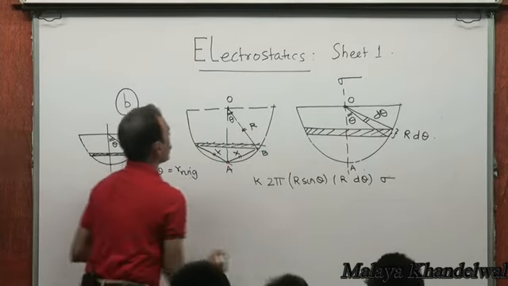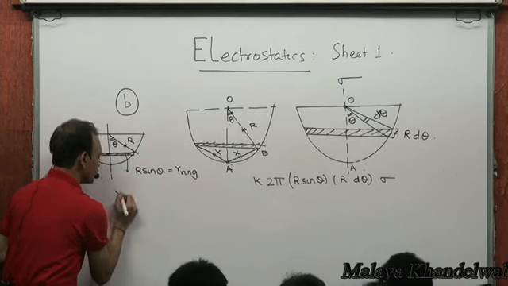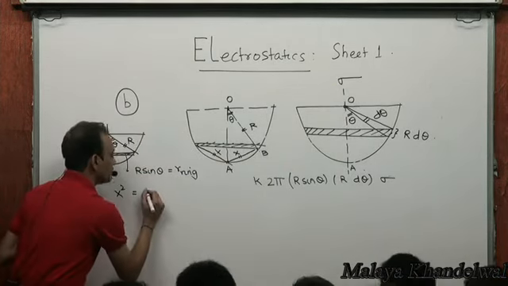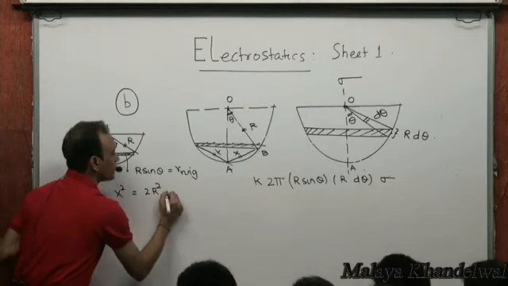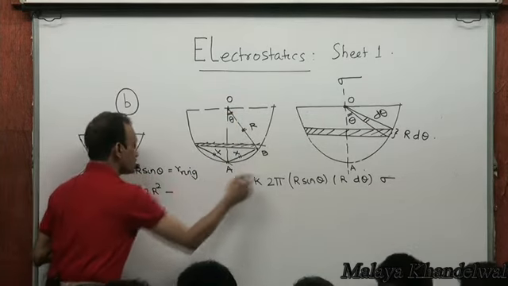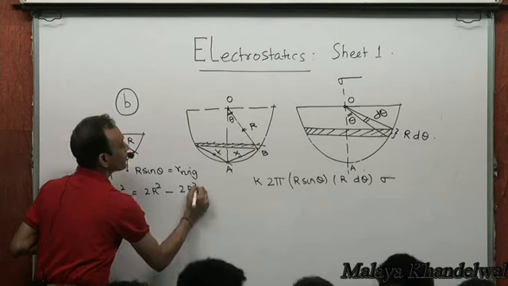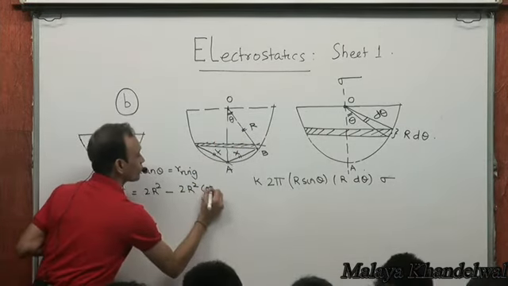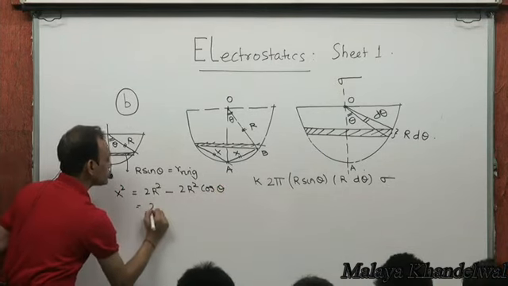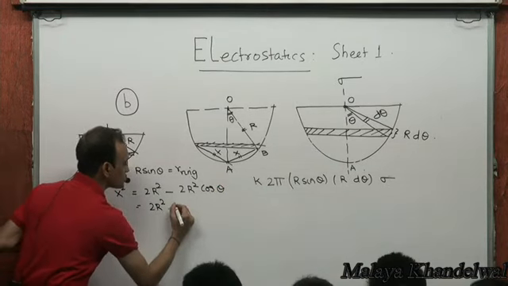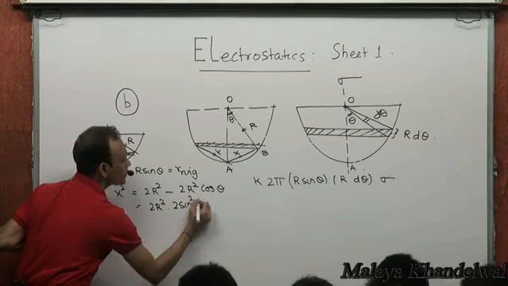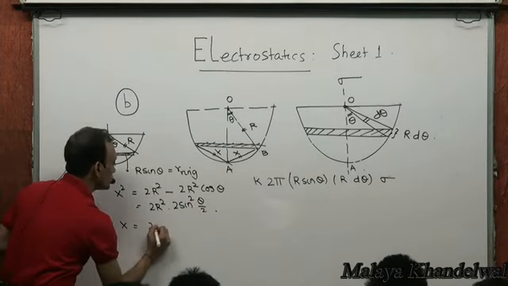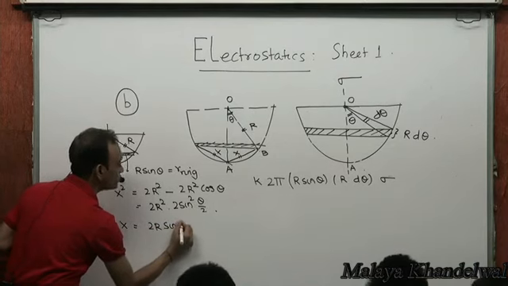Now to calculate this x, see cosine rule: x squared equals r squared plus r squared, which is 2r squared, minus twice this into this, that is 2r squared into cos theta, which is like 2r squared into 1 minus cos theta, which is 4r squared sine square theta by 2.